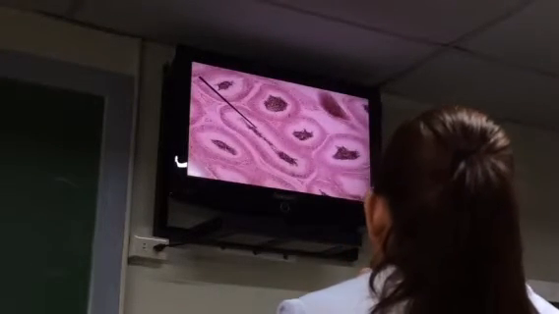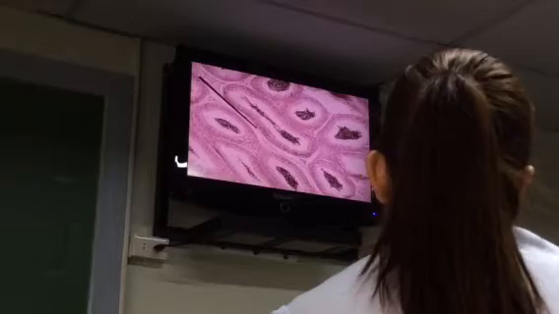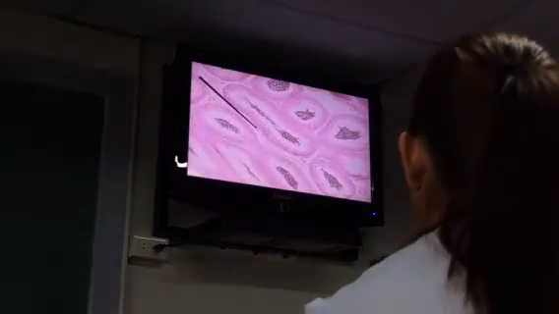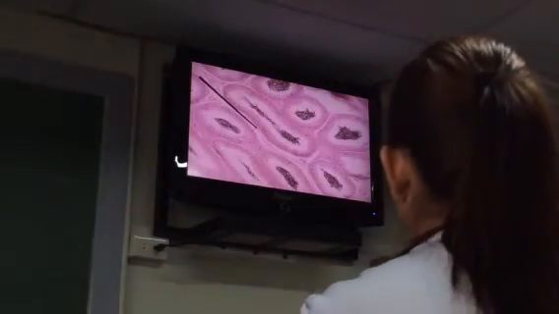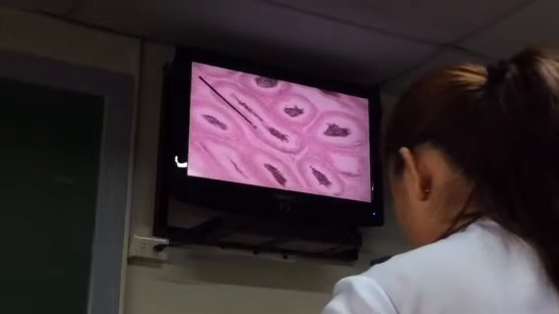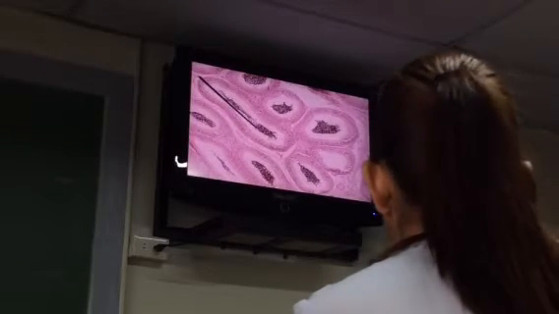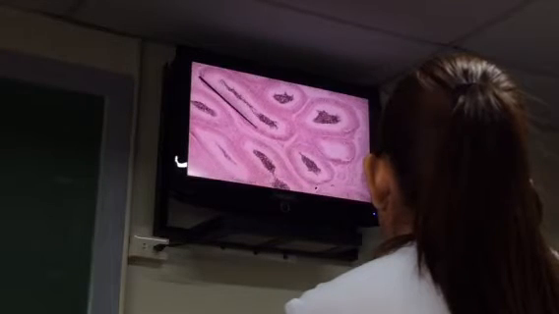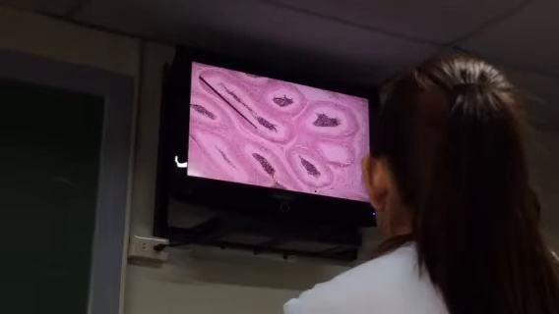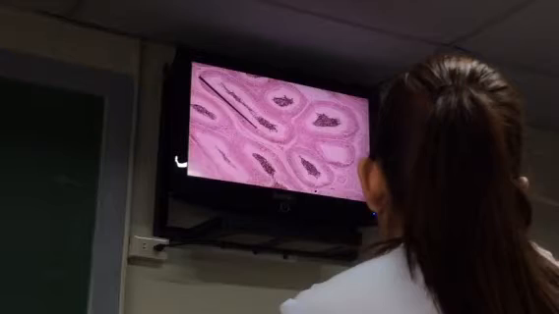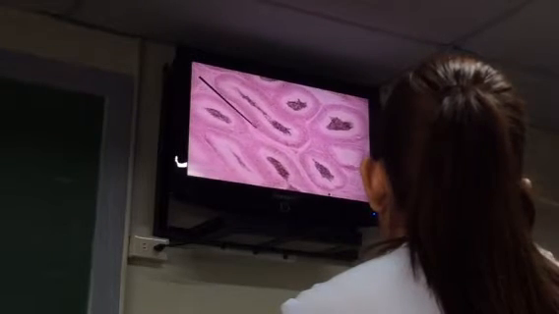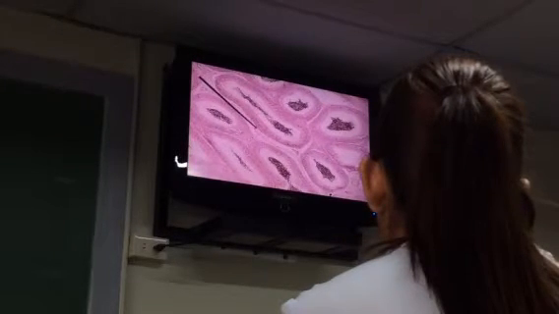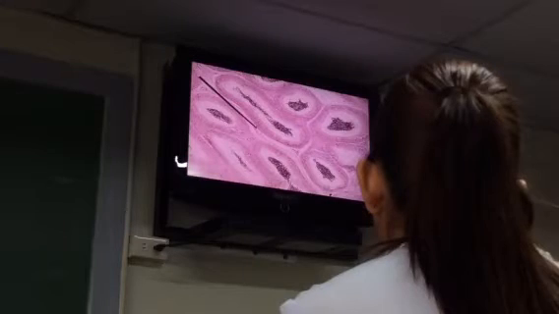Anyway, this is your epididymis. Again, you will see tubules within. In contrast to the tubules of your testis, notice that the lining is not made up of layers of cells. Diba? Yun ang first clue. You look at the layering of the lining epithelium.